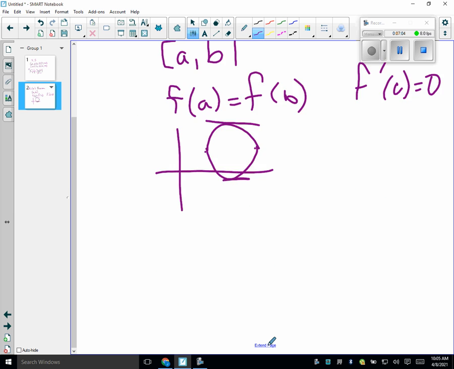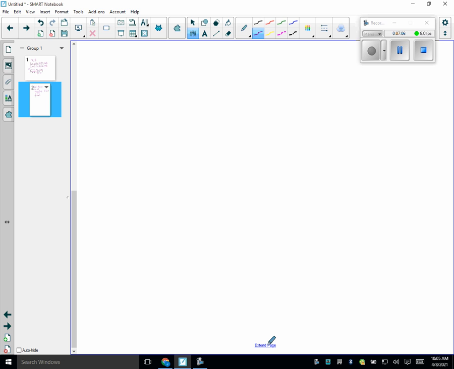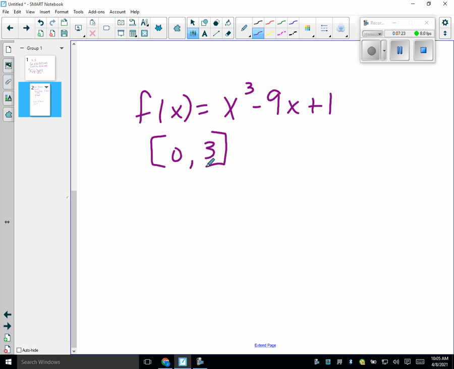All right. Here is my equation. f of x equals x cubed minus 9x plus 1. I want to know, first of all, does Rolle's theorem apply? And if so, where does it happen?